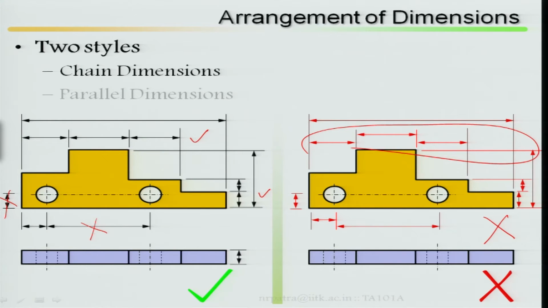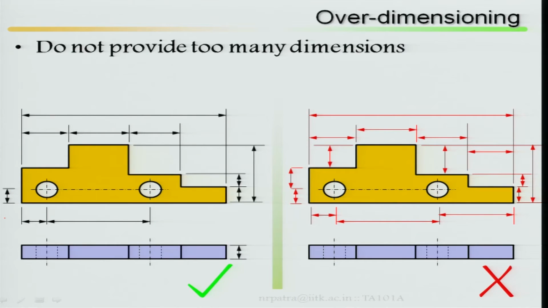For clarity and cleanness, a view has to be dimensioned considering only two sides. Comparing this same view, this part of the dimensioning is correct because the chain dimensioning is consistent, but here there is no chain dimensioning. As I said, one is two sides, and the second is do not provide too many dimensions.